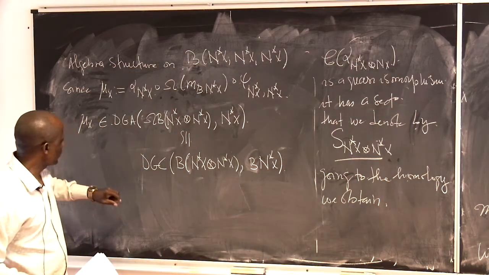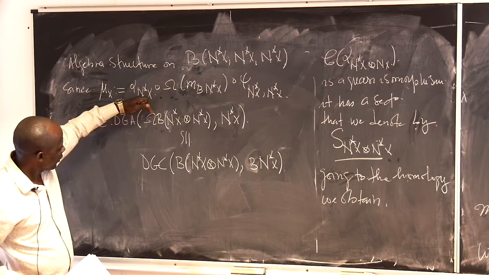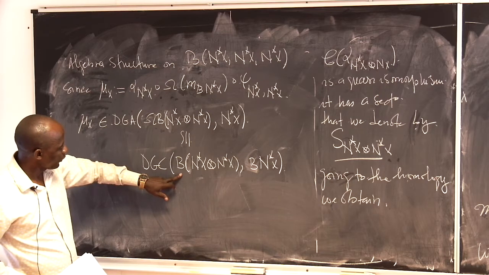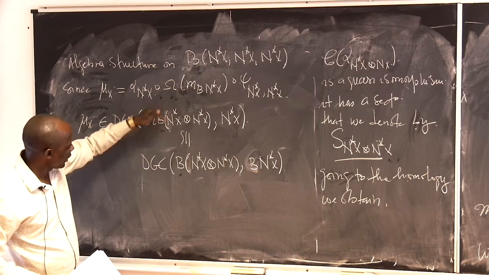This is just the consequence of the fact that the bar construction and the co-bar construction are adjoint functors. That's why the two are isomorphic.